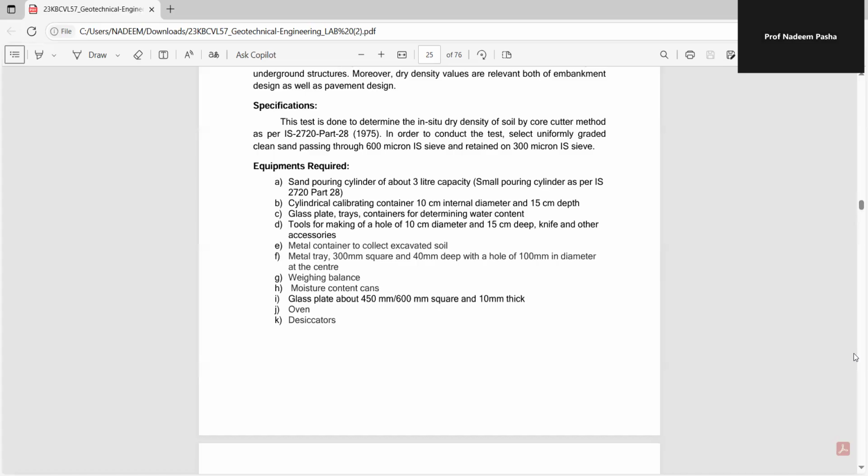Specification. The test is to determine the in-situ dry density of soil by the sand replacement method as per IS 2720 Part 28, 1975.